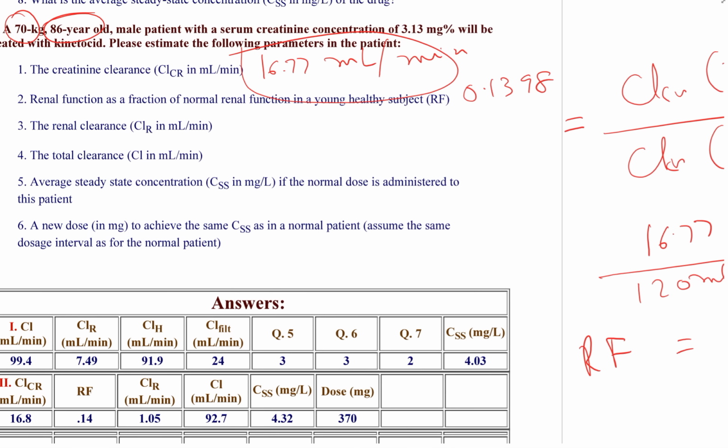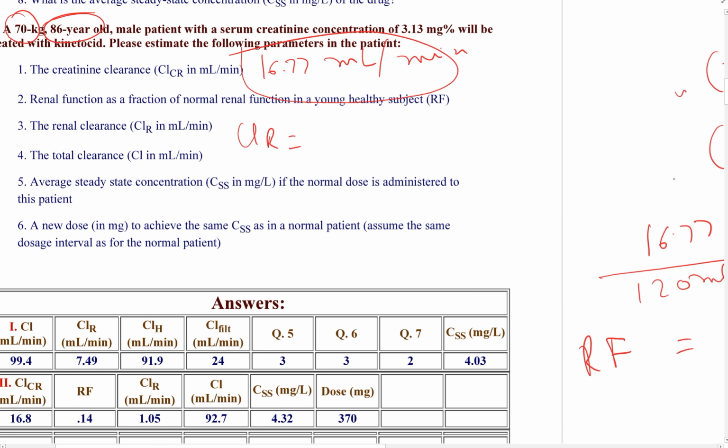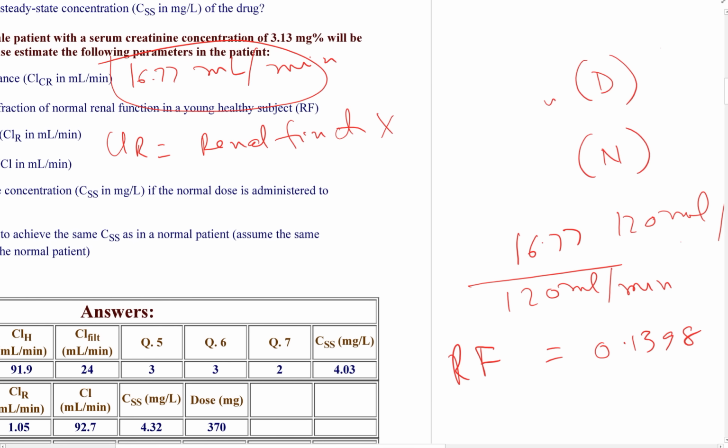How do we calculate it? CLR would be renal function times CLR of healthy subject.